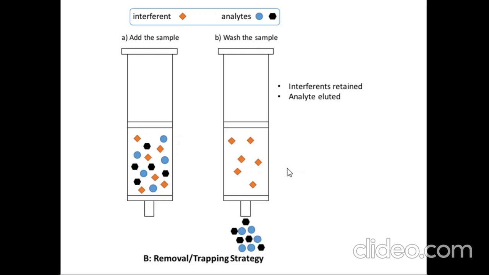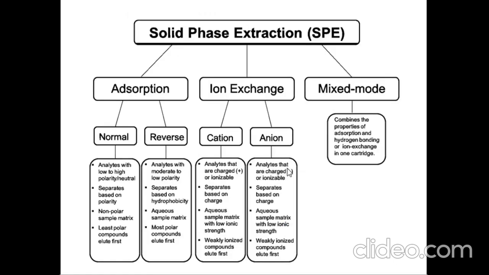In the removal or trapping strategy, the analytes are not retained, but they are eluted. Got it? So essentially, if you look at solid phase extraction, you have adsorption mode, ion exchange mode, and mixed mode.